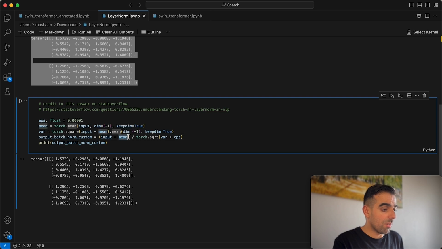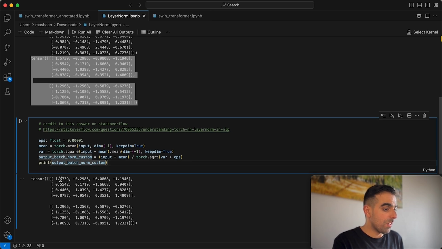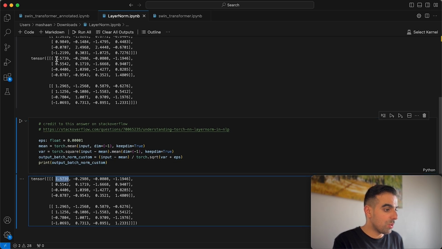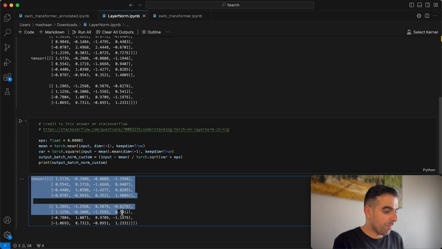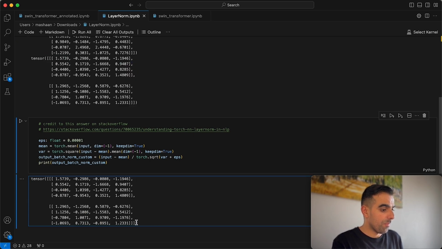And I'm subtracting the mean and dividing by the variance plus epsilon. By the way, I got this from this Stack Overflow answer here. And basically this is it. This is what PyTorch is doing. These two tensors are the same. So it's the mean and variance along the channel dimension, along the last dimension.